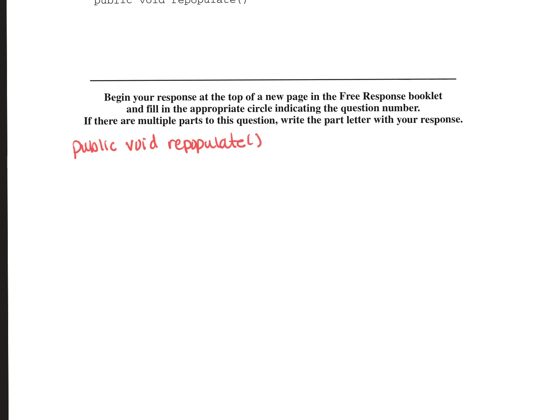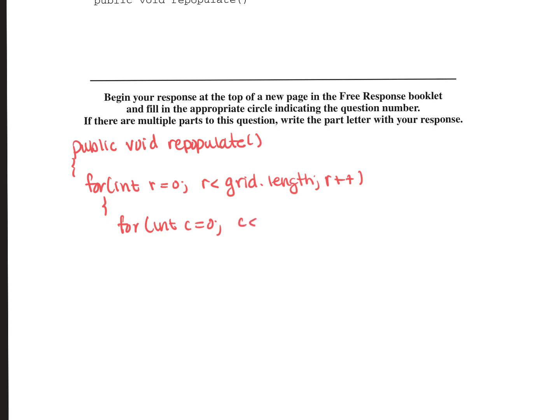Nothing's being passed in. We're going to traverse our 2D array. So I'm going to do row major. It doesn't matter for this one. So int r equal to 0, r less than grid.length, r plus plus, and now we traverse our columns. So column equal to 0, column less than grid[0].length.